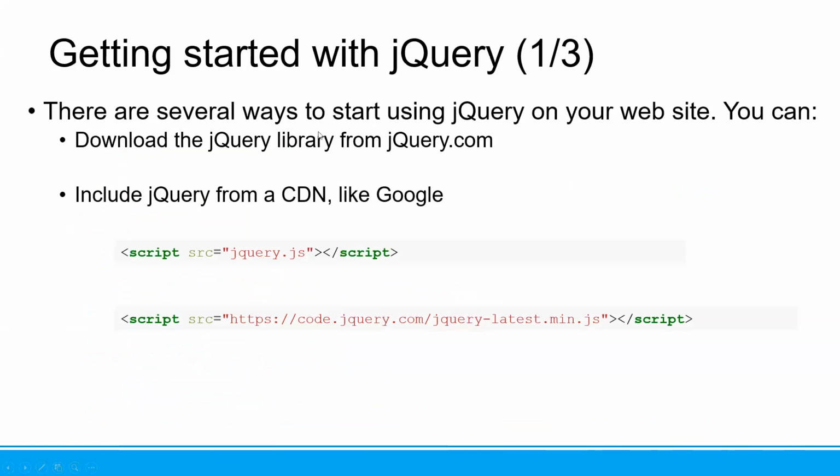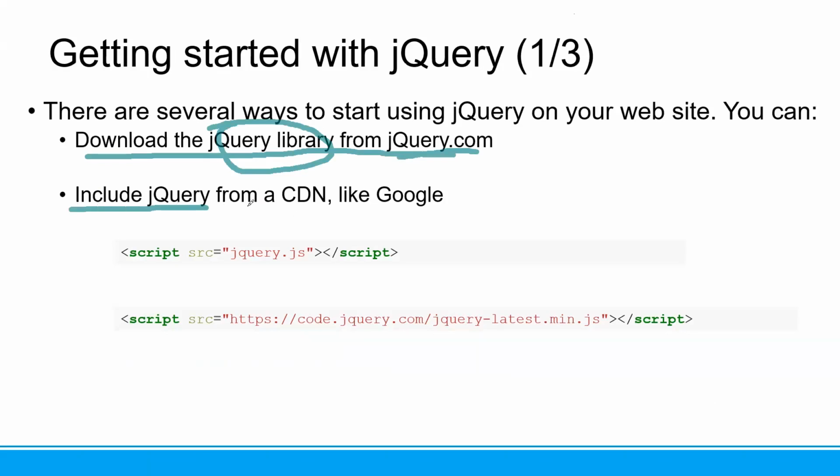We have two ways to use jQuery. We can download it. Last time I explained this one, I guess. Let's say if you have a very low internet connection, it's better to download the jQuery library from jQuery.com and then use it on your computer so that you can use jQuery offline.